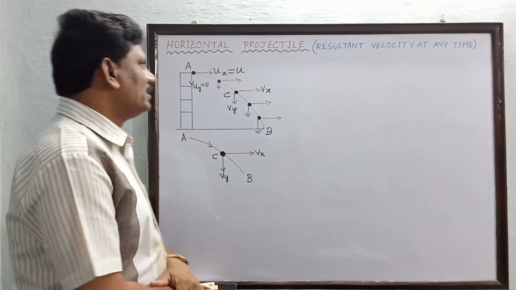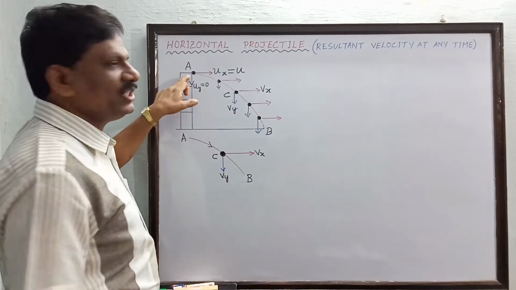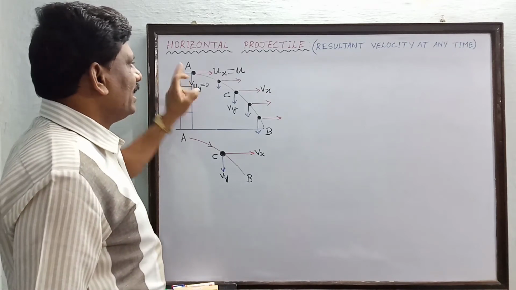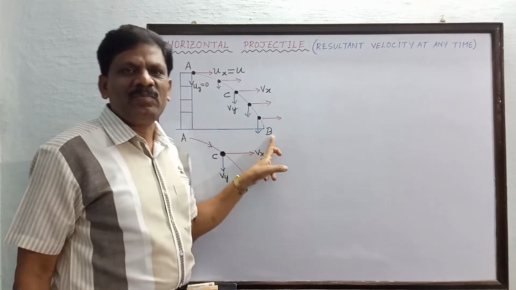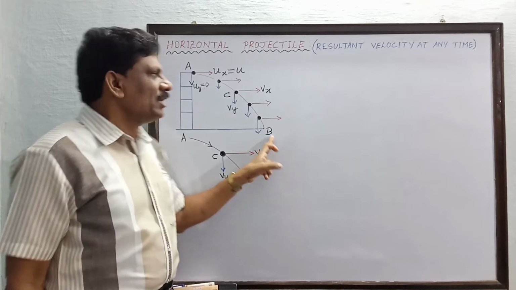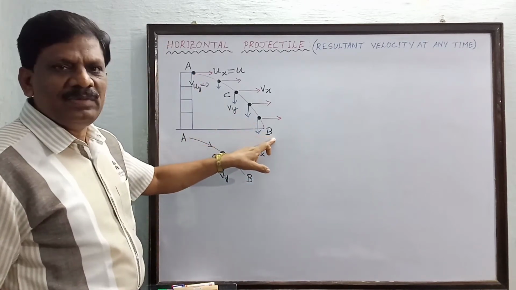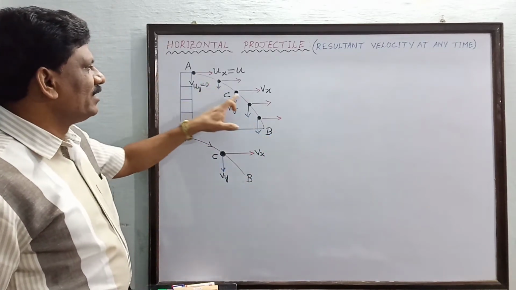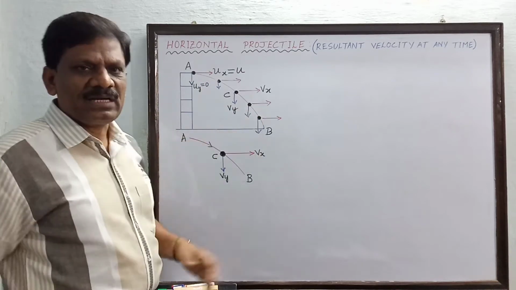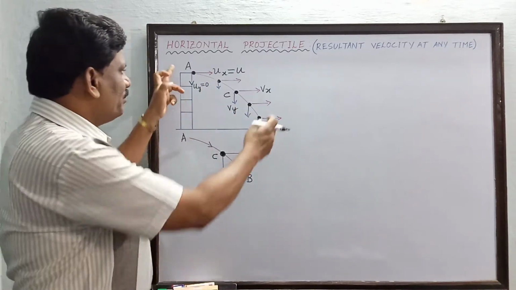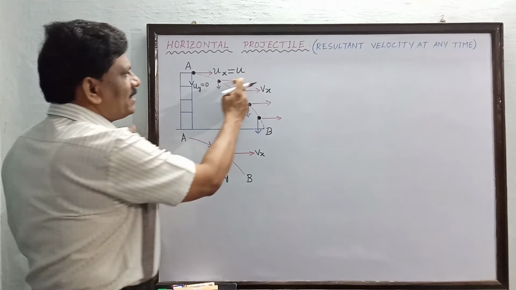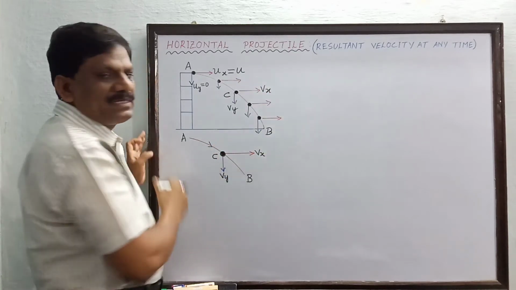Now you see that the body is projected from the initial point A and it touches the ground at the final point B. In between A and B there are different points, and when it crosses any point between A and B, it possesses two velocity values.